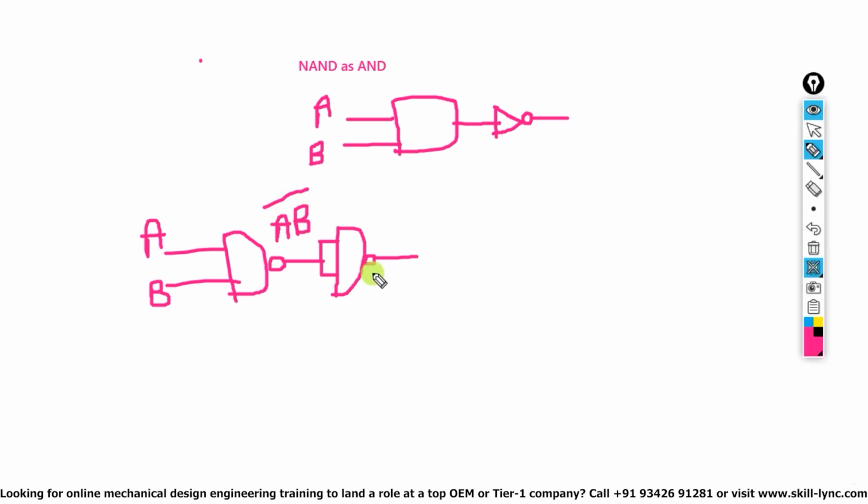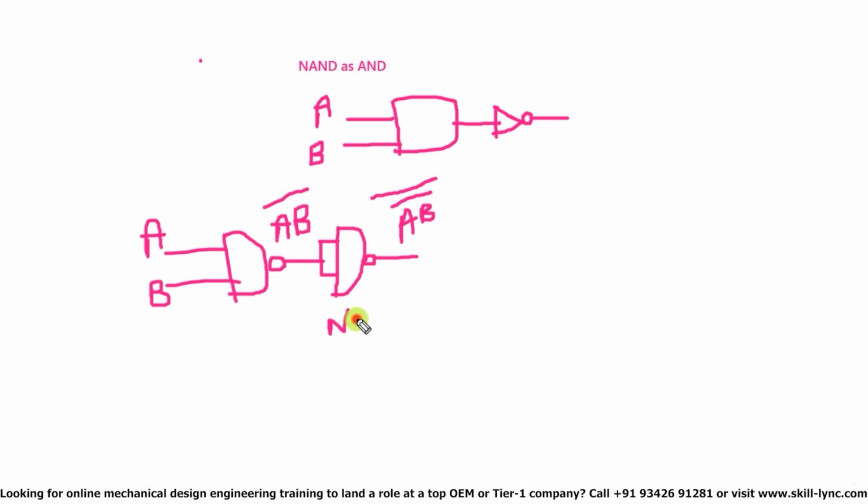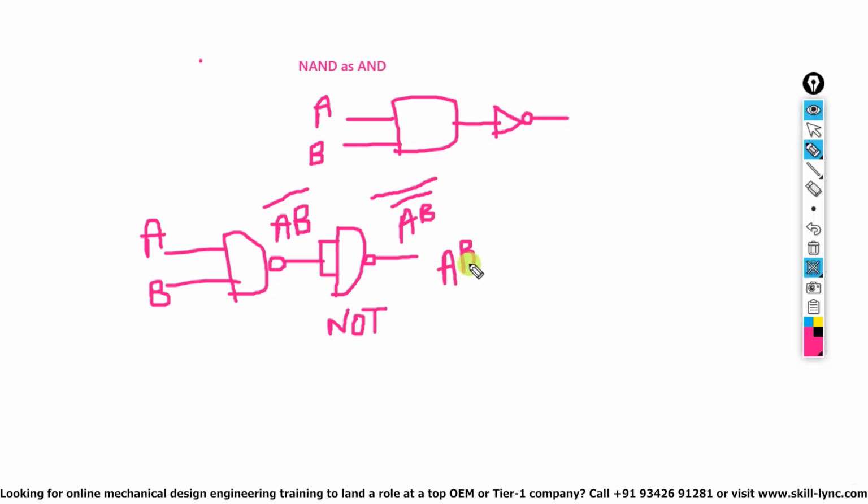And when one more NOT gate is there, meaning one more complement, it will become AB whole bar, with one more bar. Why is one more bar there? Because it is acting as a NOT gate. And NOT gate means whatsoever the input is, just put a complement over it. So AB double bar. And Boolean law says A double bar is equal to A. So AB double bar will become AB, which is an AND gate.